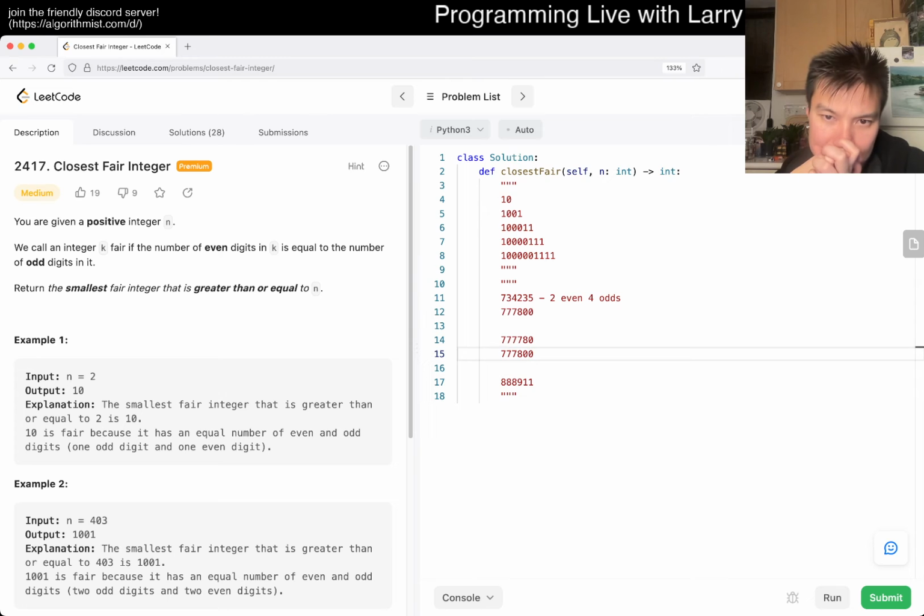I think I know how to do this, and it's just brute force. Now that I'm playing around with these properties, let's say we have the biggest number, a 10-digit number, which is actually not even possible, because it has to be less than 10 to the 9.